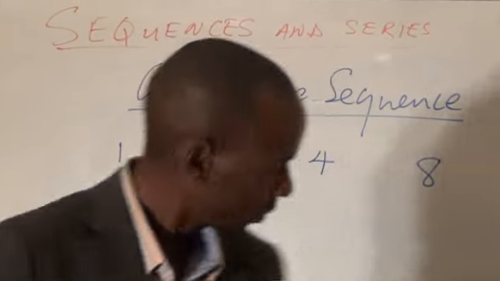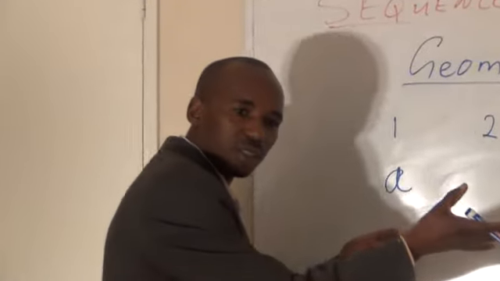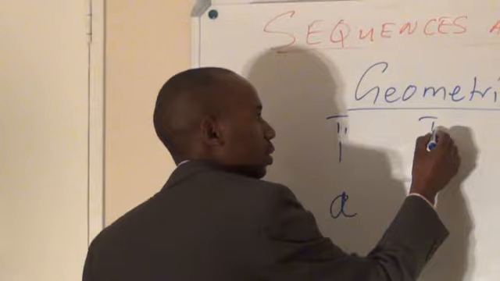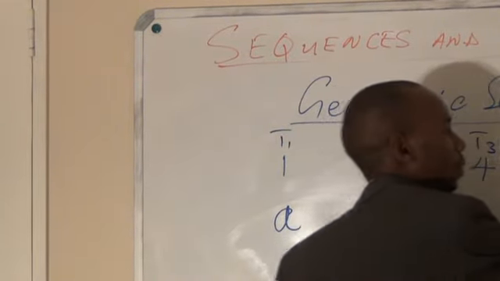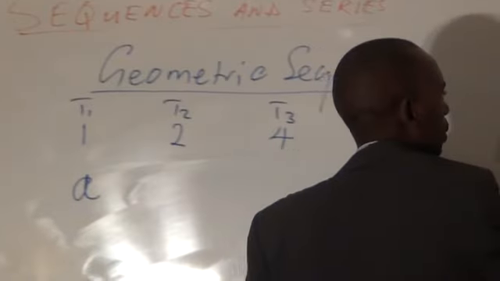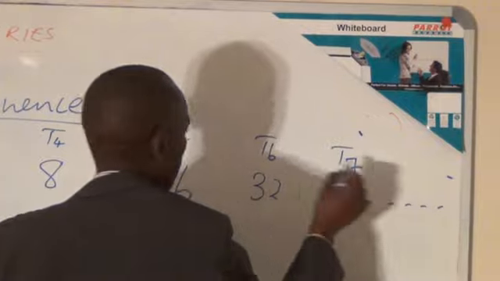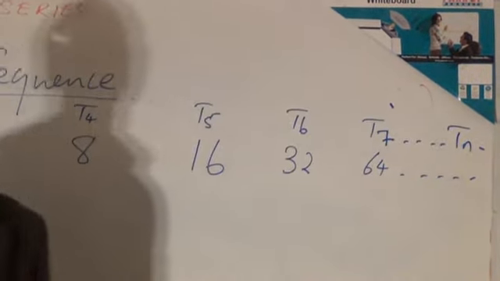If I were to label these terms, we still have terms: T1, T2, T3, T4, T5, T6, T7, until we get to some term Tn. Happy? Good.